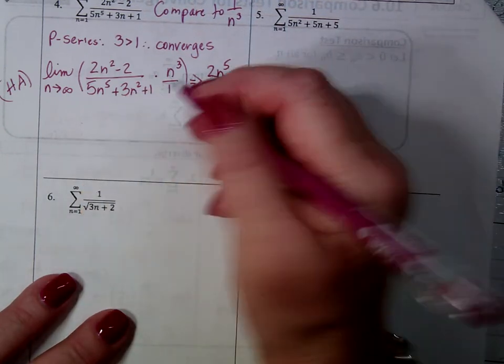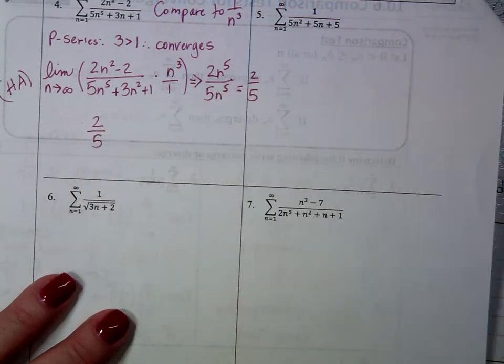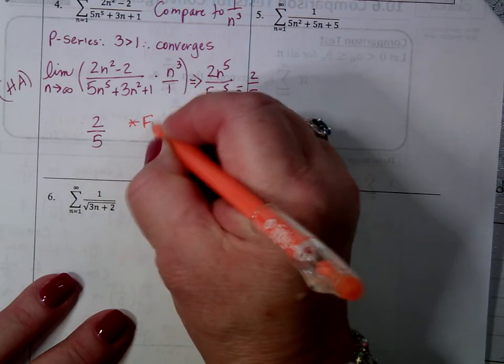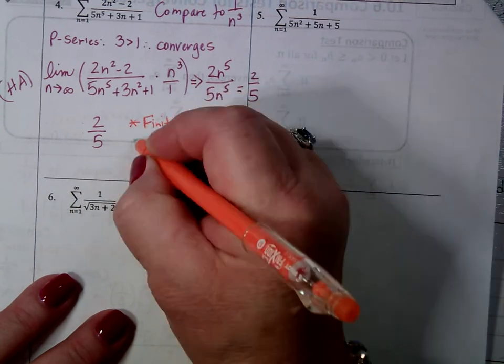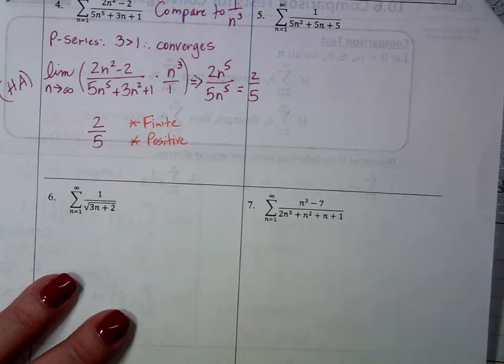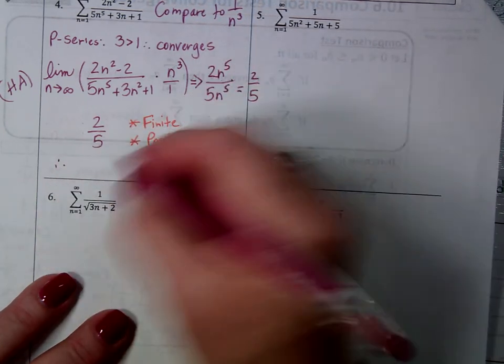If I look at my 2/5, there's two requirements for it. One of them is that it has to be finite, and one of them is that it has to be positive. And if I look at that, it is finite and positive. And so I can say, therefore, this one also converges.